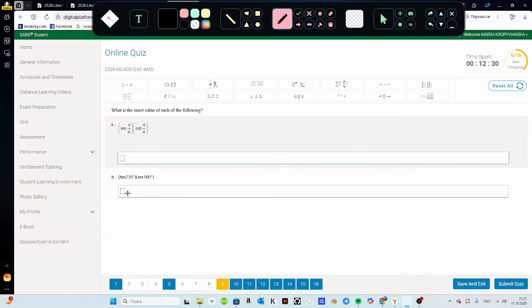Now, next part of the question is tangent 210 times secant 360. So tangent stays as it is, so tangent 210. Now secant, as we remember, it's 1 over cosine 360.